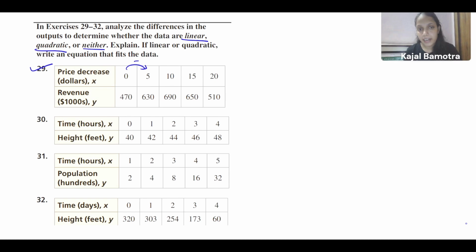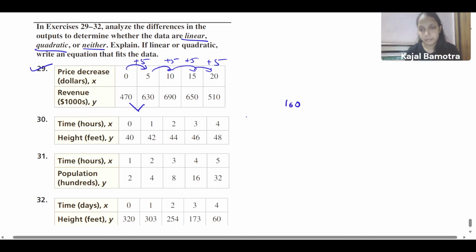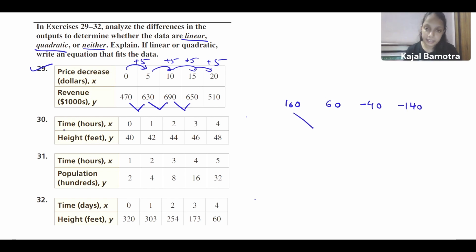Every term is added with 5, 5 and 5. Okay. Find the difference. This difference gives you 160. Next gives you 60, next gives you 40, negative, and the next is negative 140. The first difference is not the same. Now again calculate the difference.